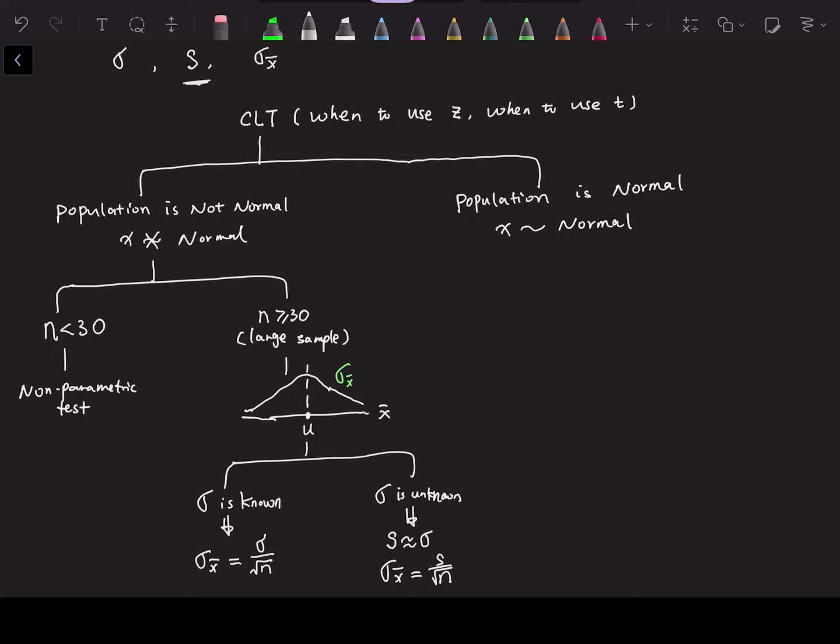So if the sample is large enough and the population is normal, you don't even need a large sample, but if you know the sample is large, you can use the central limit theorem. X bar follows a normal distribution, its average is the population mean, and the standard error of the sample mean depends on whether you have the population standard deviation.